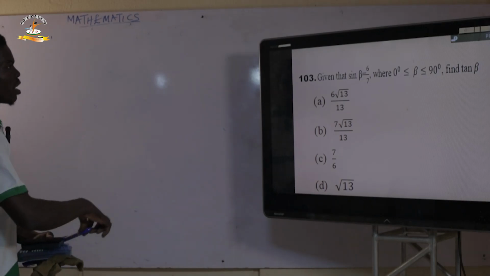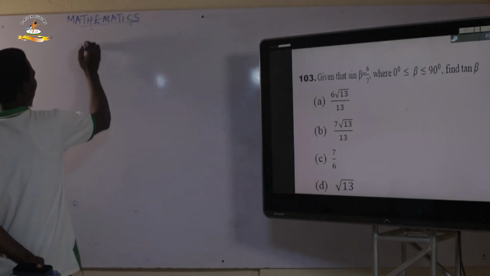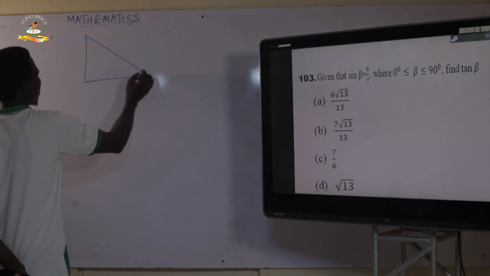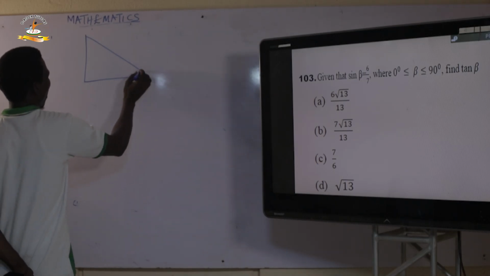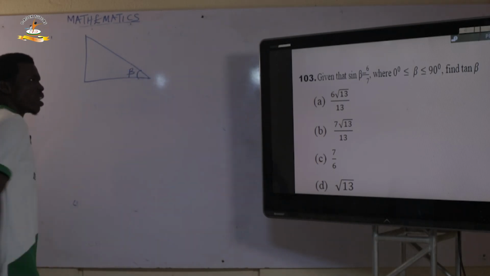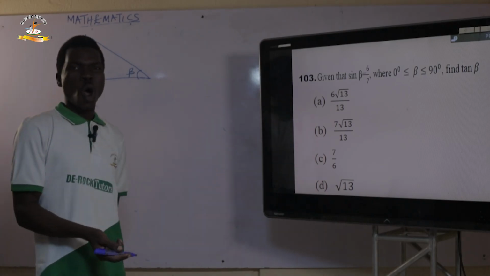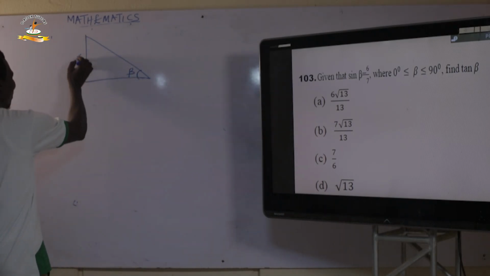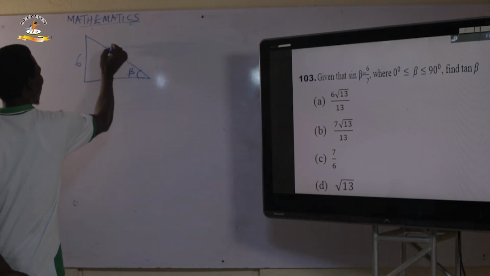It's just like a right angle triangle. That's what they are trying to tell us, because beta is an acute angle. Don't forget what sine is: opposite over hypotenuse. So the opposite is 6 and the hypotenuse is 7.